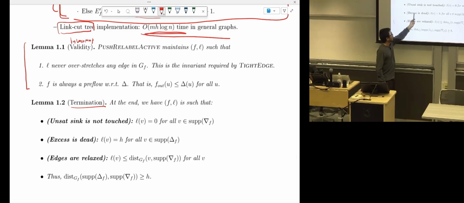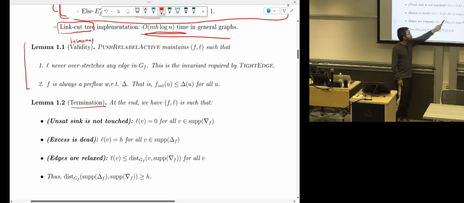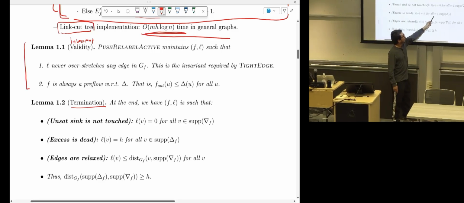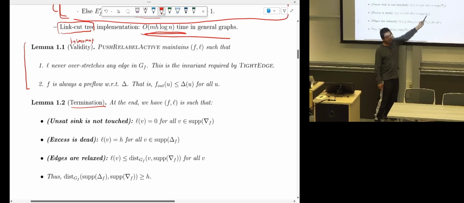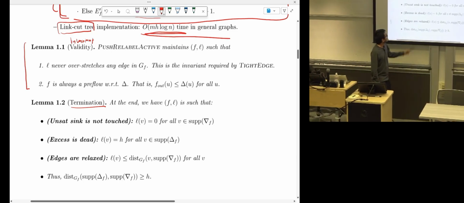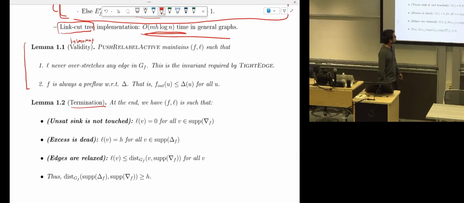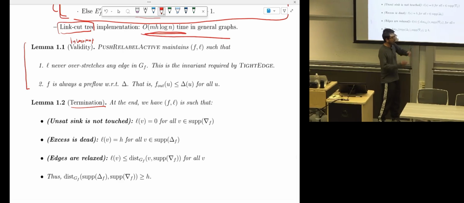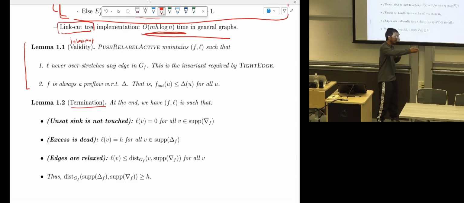And all the excess is dead, which means that all the nodes with excess have level h. Edges are relaxed, so you have this lower bound: the level lower bounds the distance to the unsaturated sink.